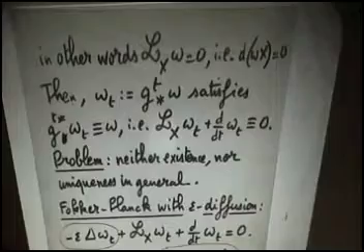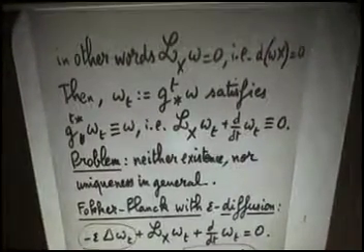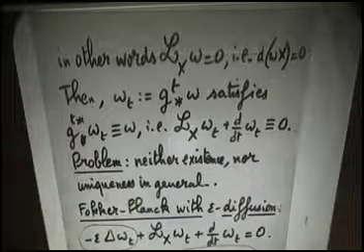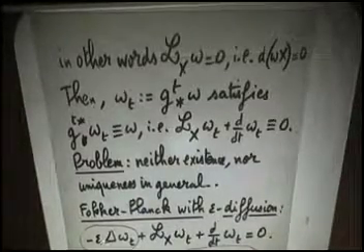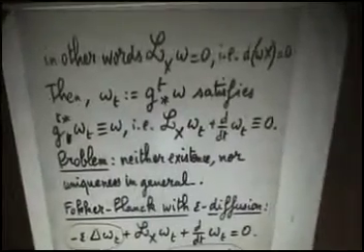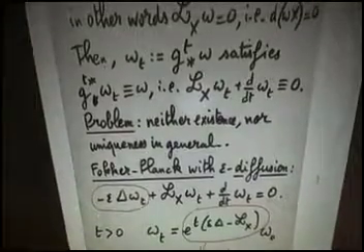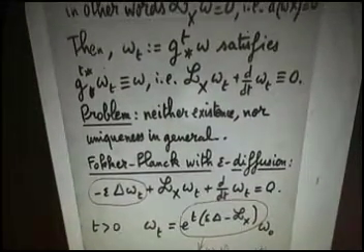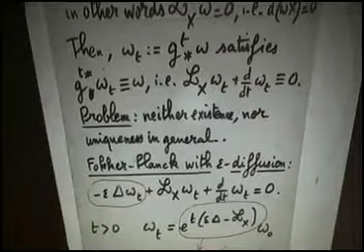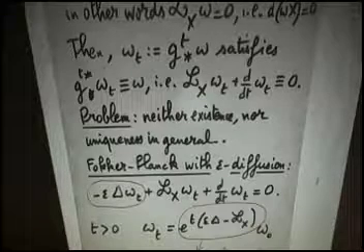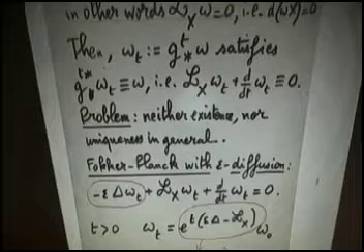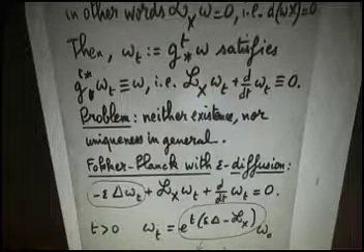Then, if you look at the equation which is satisfied, you take the push forward of the form by the flow, and you call it omega_t. Then, if you pull it back, of course, you will get the initial omega for every t. So you get that, and now if you differentiate with respect to time, you get that the Lie derivative of omega_t with respect to X plus the derivative of omega_t with respect to t is 0.